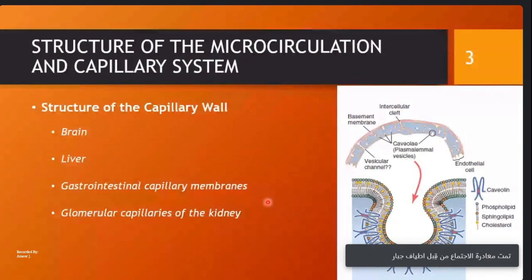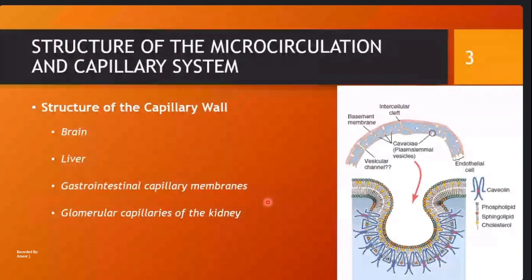In this part we have tight junctions, and endothelial cells are connected to each other very tightly. The uptake of molecules, particularly large molecules, takes place by regulated mechanisms such as endocytosis, as you see in this figure.